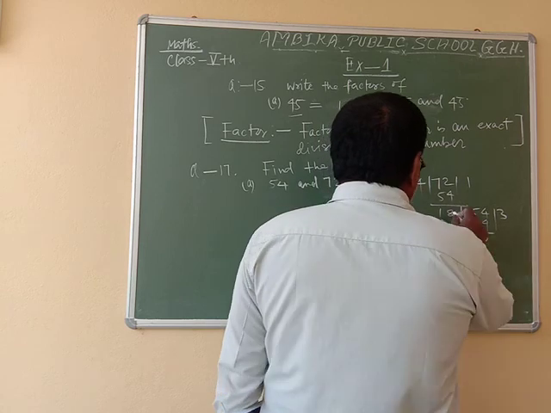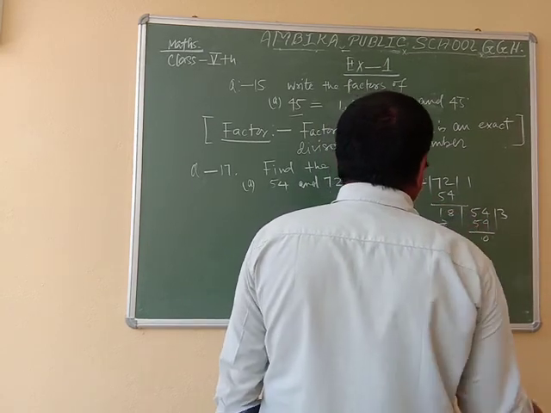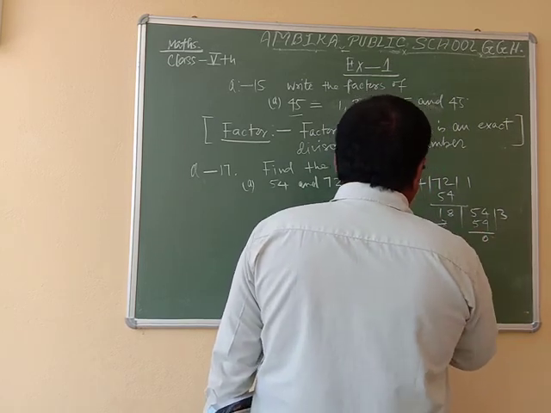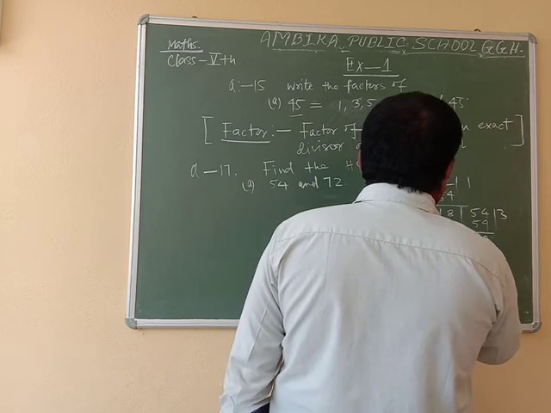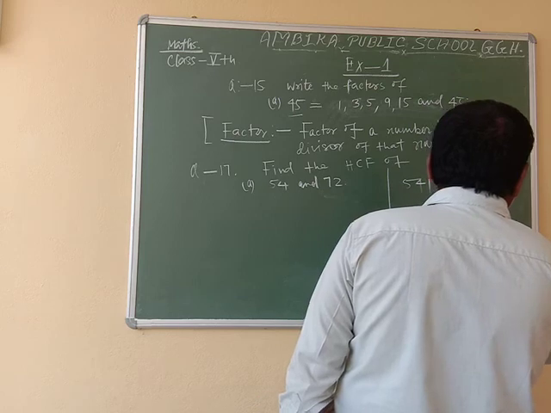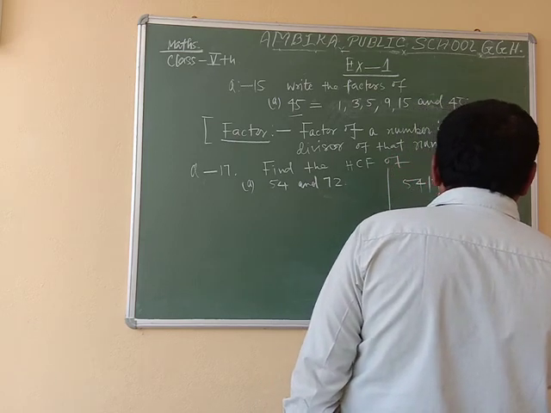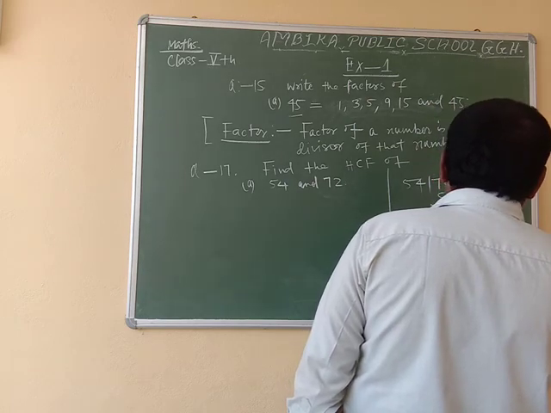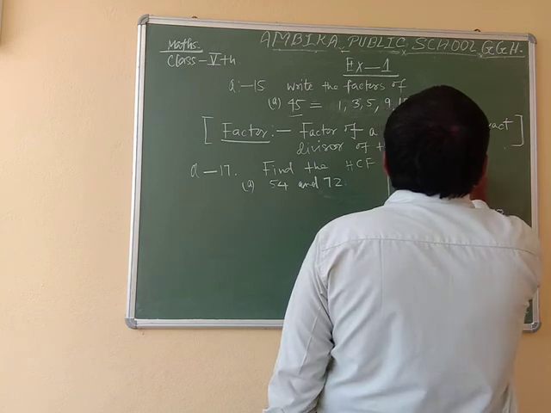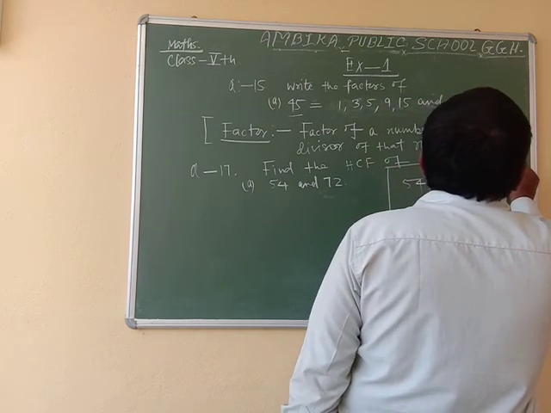Again we divide 54 by 18. We get remainder 0. So the last divisor is 18. Hence HCF equals 18 by the division method.